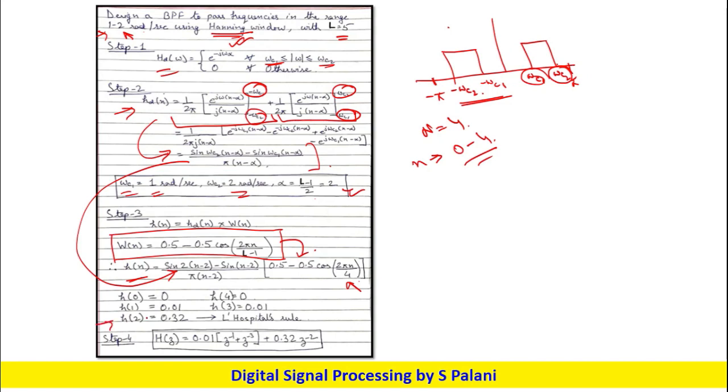Again at h of 2 we have to apply the L'Hospital rule, because 4 by 2 it is 2. So at alpha value we have to apply the L'Hospital's rule, and from there we will be able to get this transfer function equation.